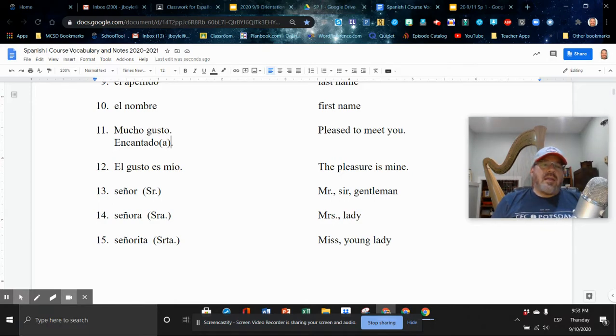Ladies say encantada. Guys say encantado. This phrase, mucho gusto, doesn't change whether you're a guy or a girl. Number 12, el gusto es mío.